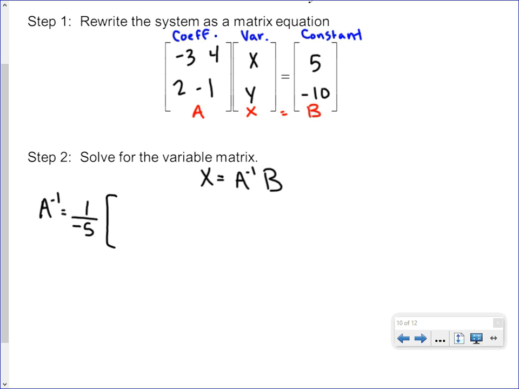And then switch the first diagonal. I should have negative 1 and negative 3. Change the signs of the second diagonal with B and C, so negative 4 and negative 2. When I distribute, all of those are going to become positive, and they'll be fractions with denominators of 5. So 1/5, 4/5, 2/5, 3/5.